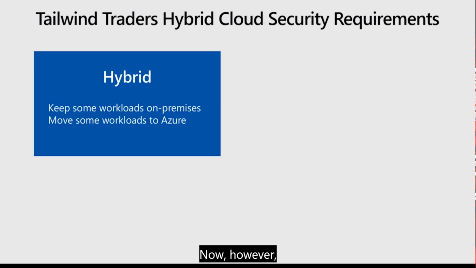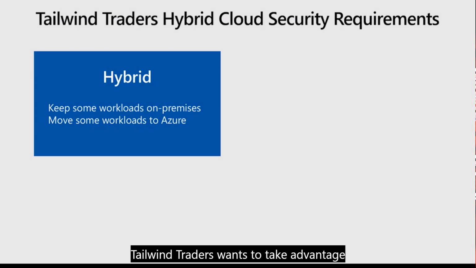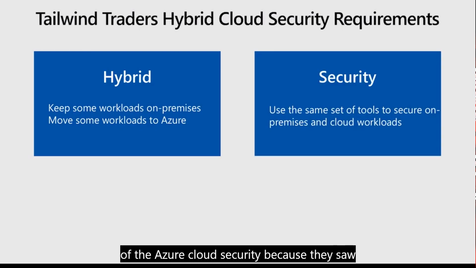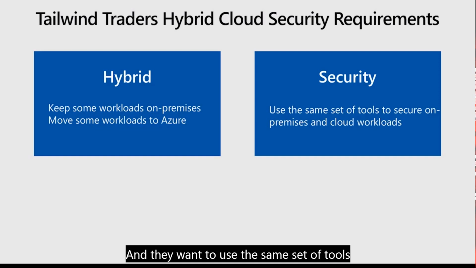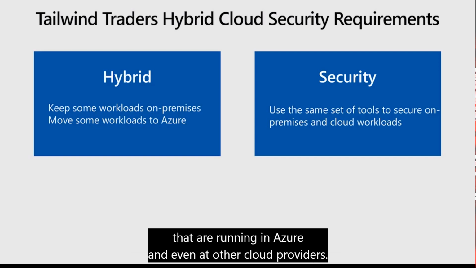Now, however, Tailwind Traders wants to take advantage of Azure cloud security because they saw how advanced the cloud security services in Azure are, and they want to use the same set of tools to secure their on-premises workloads as well as their cloud workloads running in Azure and even at other cloud providers.